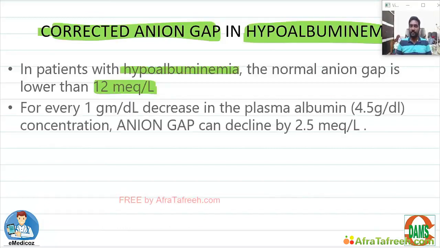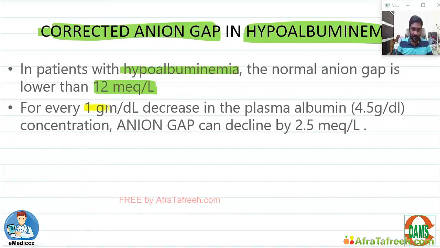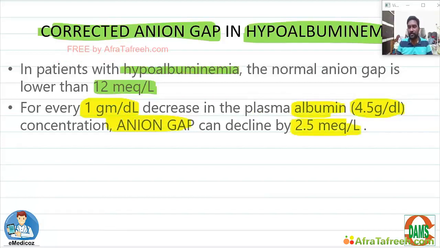For that, there is a relation. For every 1 gram per deciliter decrease in plasma albumin, so if a patient's albumin has decreased by 1 gram per deciliter, where normal plasma albumin is 4.5 gram per deciliter, the anion gap can decline by 2.5 milliequivalents.